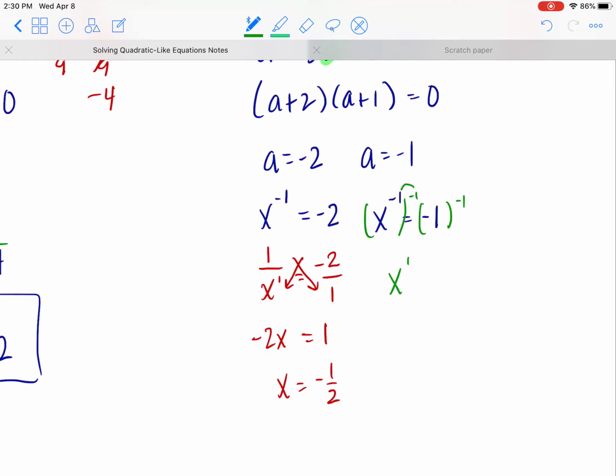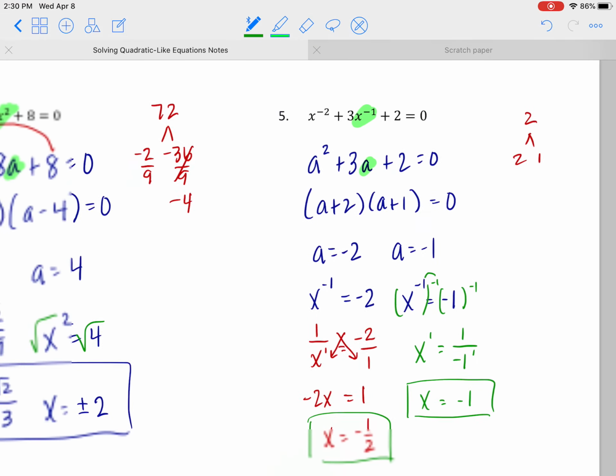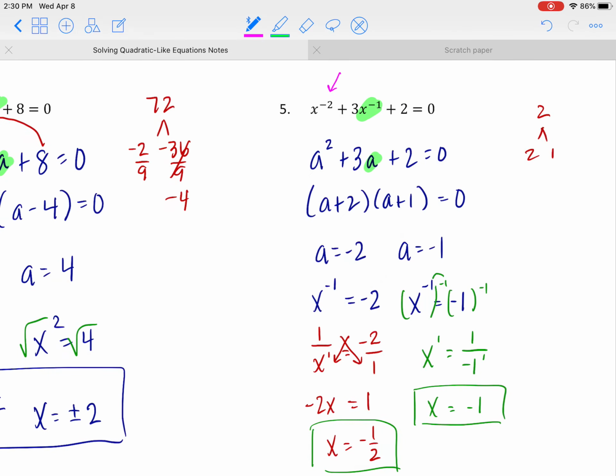And then I could divide and say x equals a negative 1/2, right? Or if I wanted to, I could just raise both sides to the negative first. So a negative would cancel and give me x to the positive 1, which is what I want. And then negative 1 to the negative first means 1 over negative 1 to the positive first. But in any case, that's going to be a negative 1.